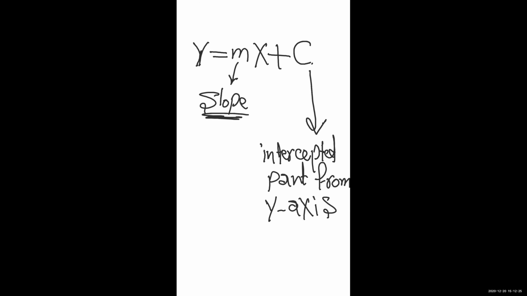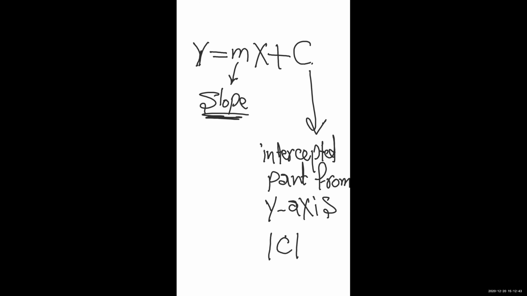And I said that it has to be the absolute value of c, because length is always positive. Are we clear till now? Yes. Okay, great.